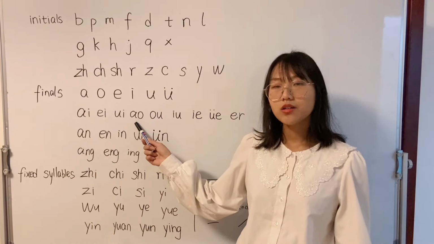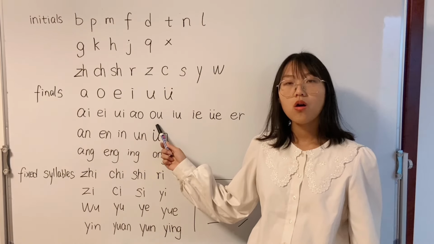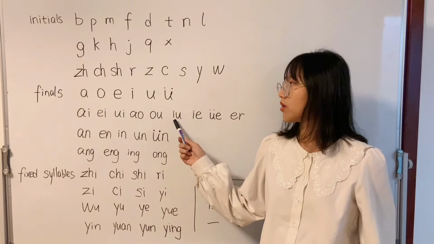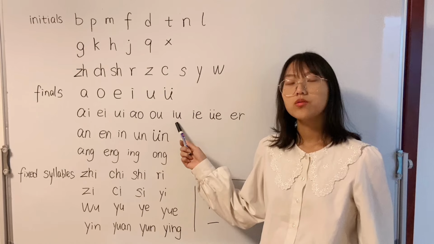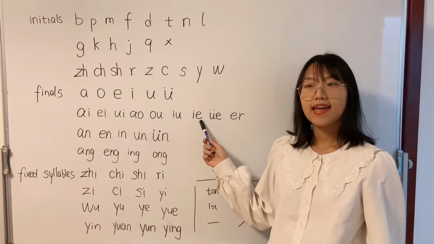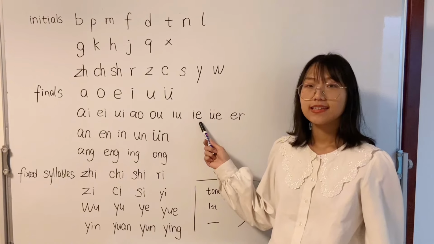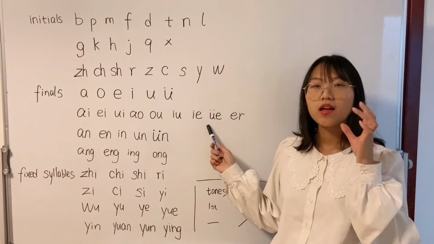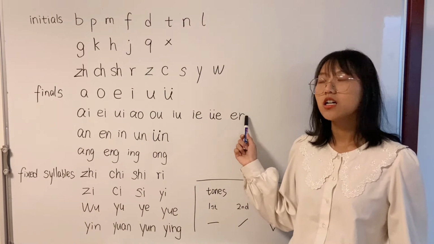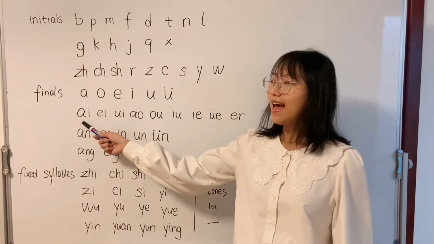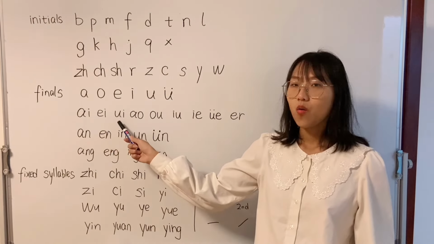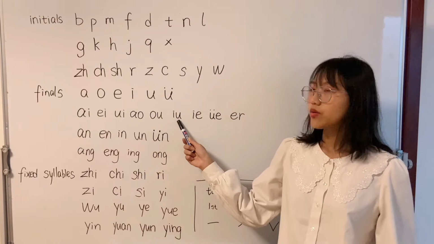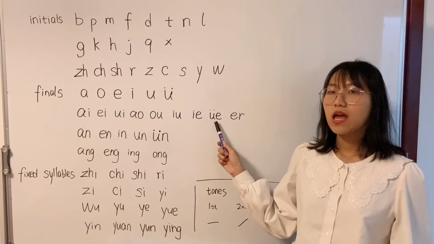Ao. Ou. Let's read one more time: ai, ei, ao, ou, ye, yue.